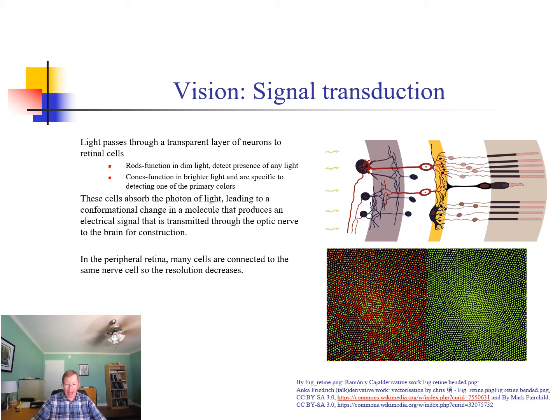And when that photon of light is absorbed, there's a conformational change that occurs that produces an electrical signal that is detected by the neurons and then transmitted to the optic nerve, and from there to the brain for construction of this image.